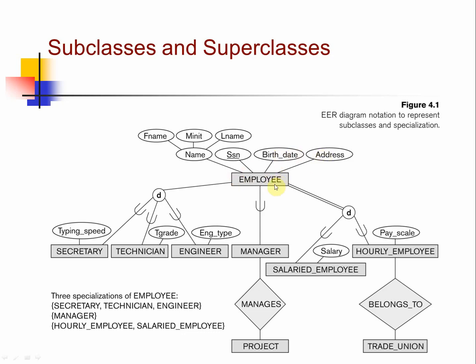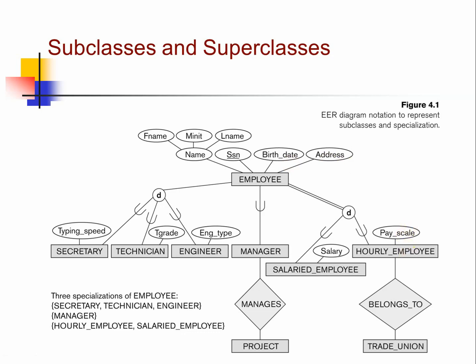So all the attributes in the superclass will be inherited by the subclass. So the secretary has 1, 2, 3, 4, and 5 attributes. If I ask what are the attributes describing the hourly employee, they are name, social security number, birthday, address, and pay scale.